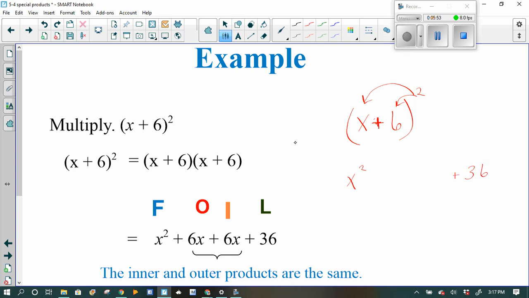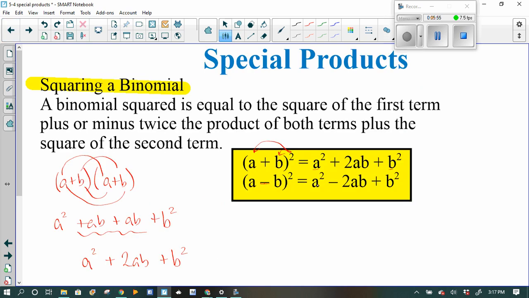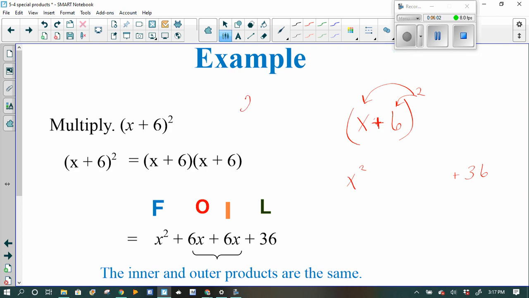Now, the middle term here says 2ab. So that means 2 times whatever a is times whatever b is. So I've got 2 times, well, a is this, so 2 times x, times b, which is 6.